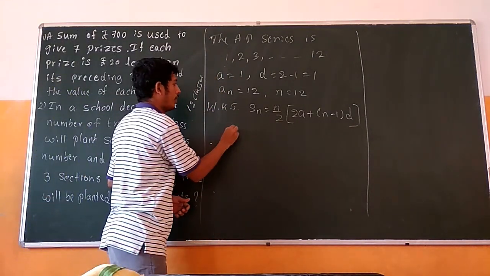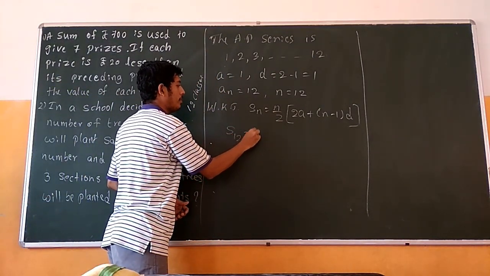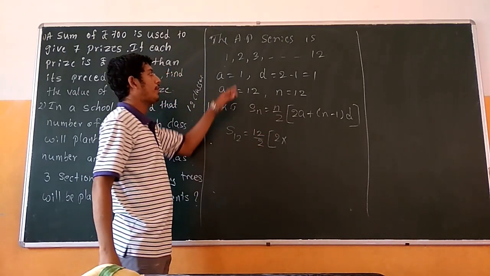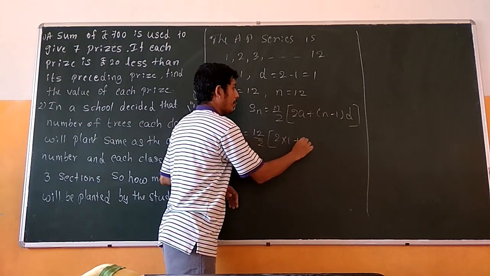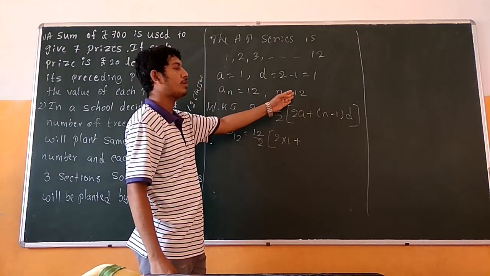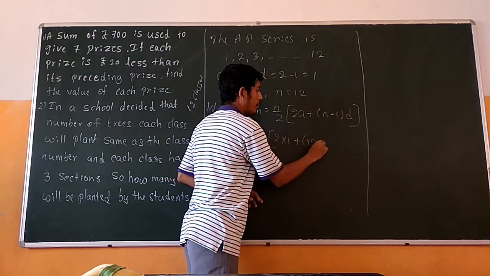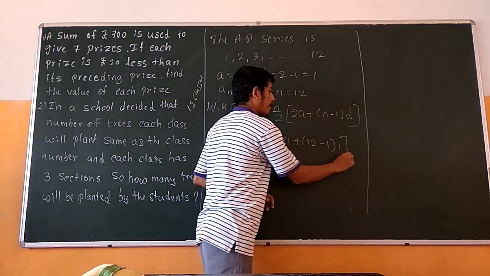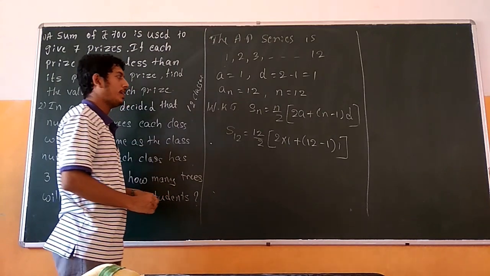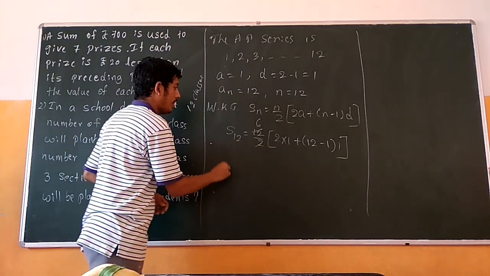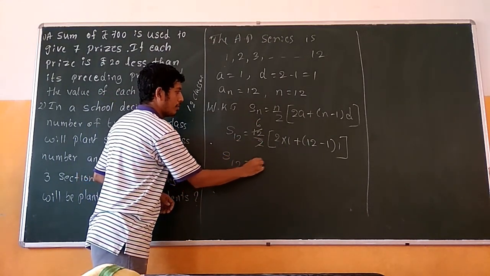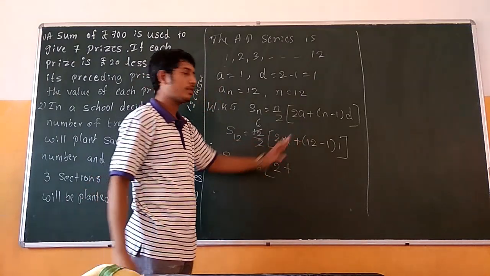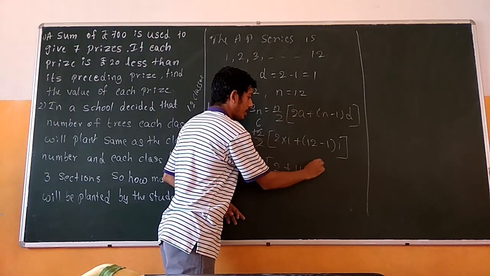Okay. So now total 12 terms, S12 becomes 12 by 2 into 2 into the value of the first term A, which is 1, plus n minus 1. The n value is 12, therefore it becomes 12 minus 1, and the value of D is 1, that is, the common difference is 1. Then 12 by 2 is 6. S12 is equal to 6 into 2 ones are 2 plus 12 minus 1 it becomes 11 into 1.